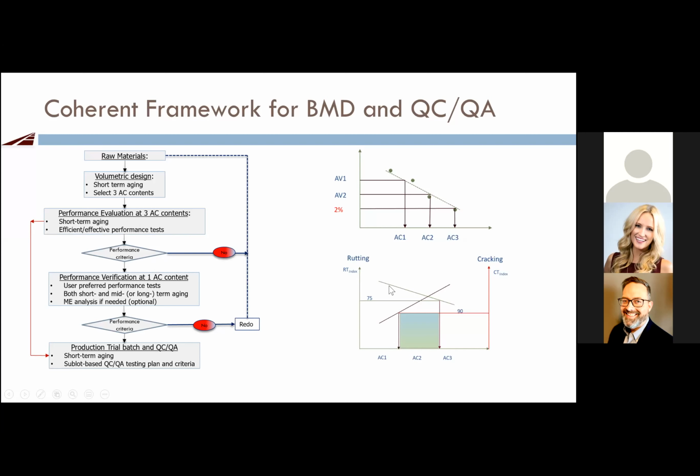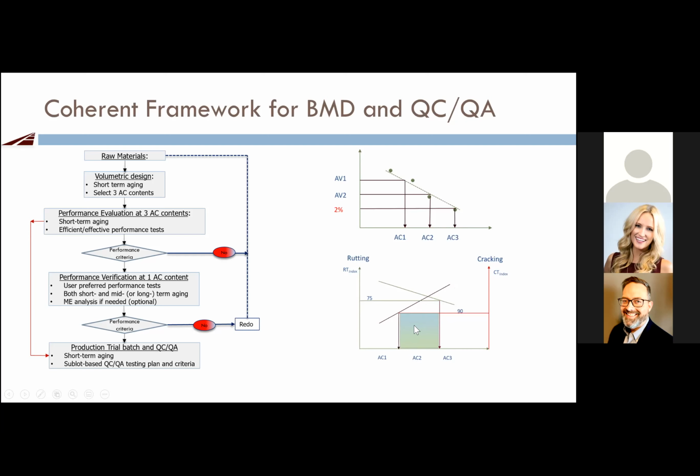For this right line, this is the rutting resistance: the higher the asphalt content, the lower your rutting resistance. And for the cracking, in this line, the higher the asphalt content, the better the cracking resistance. And then you have the criteria for the rutting test and the criteria for the cracking test. Then you get your balance zone here.